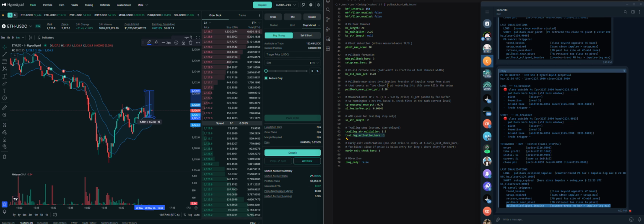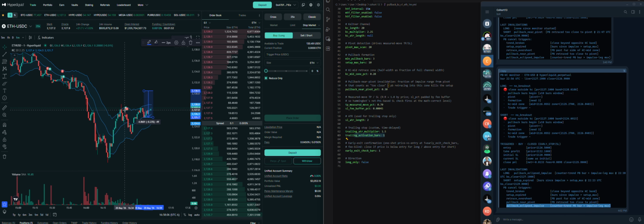So if we close beyond the opposite Keltner channel, so for example up here, this is the Keltner channel we broke. If we closed down below the Keltner channel here, that would invalidate the setup. Setup expires, like I mentioned, after 10 bars. So in the pullback, if we get more than 10 bars, it'll cancel it.